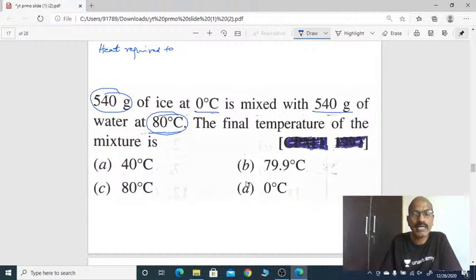The heat required to melt 540 gram of ice at 0 degree Celsius.